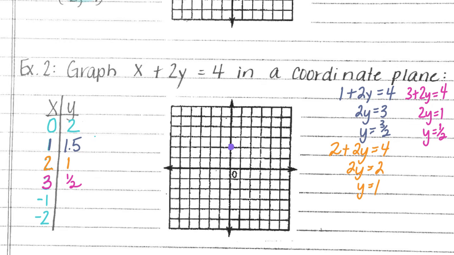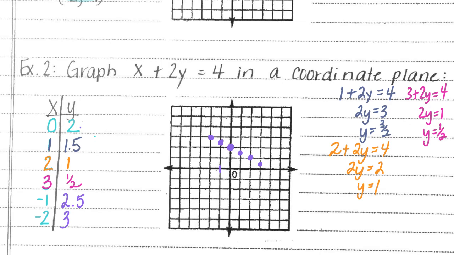0, 2, 1, 1.5, 2, 1, 3, 1/2. So what do you guys think -1 would have been? Going with the pattern here, I think it would have been -1 and positive 2 1/2, right? Because this was 2 and it would be going up if we're going to the left, and -2 and a positive 3.